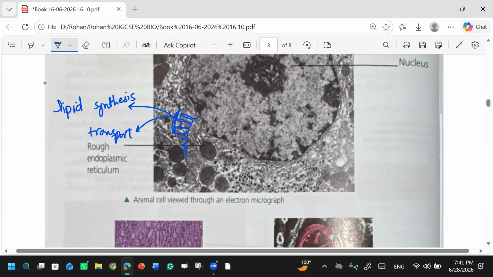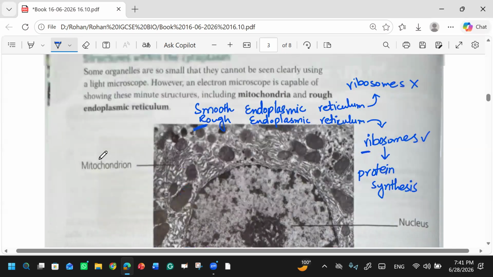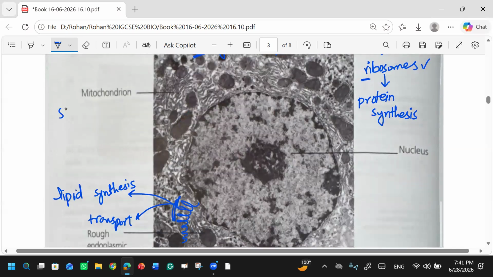There are many functions of the smooth endoplasmic reticulum. I can mention here SER, smooth endoplasmic reticulum. Firstly, I told you transport of material. Second, lipid synthesis. Third, detoxification. Detoxification means to remove the toxic substances from the cell.